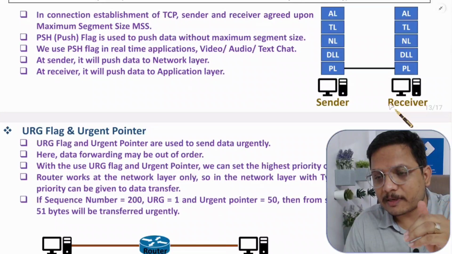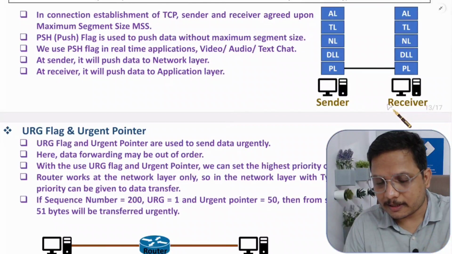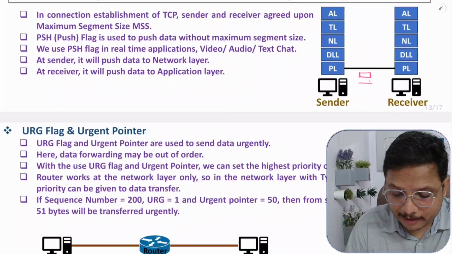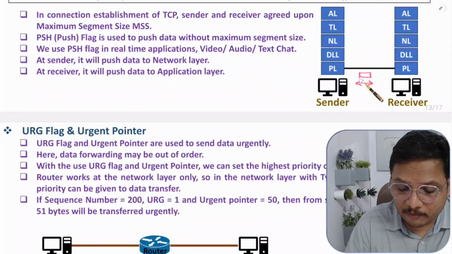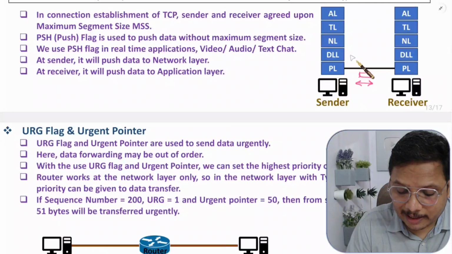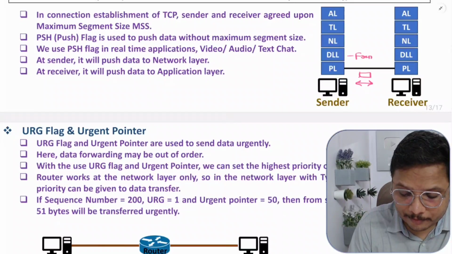So you need to understand first what is maximum segment size. See, here sender and receiver both are forwarding frames over here, right? So frames are getting formed by data link layer. Here data link layer that is generating frames over here, right.